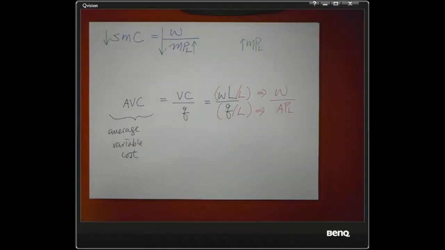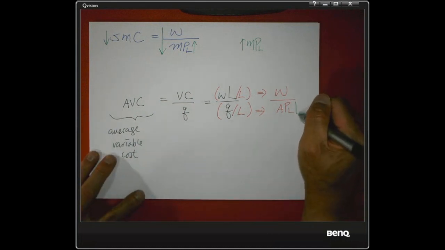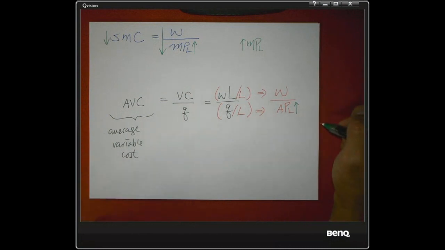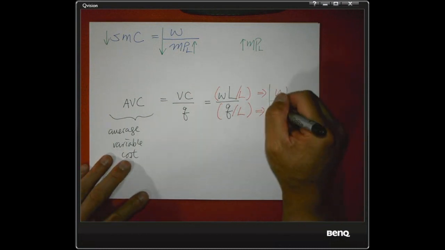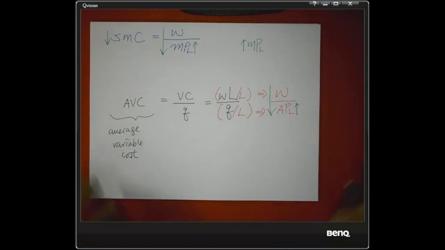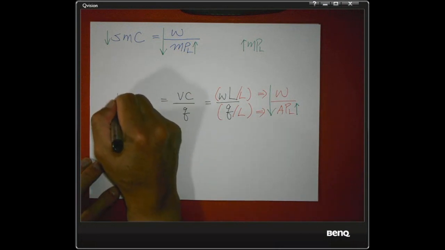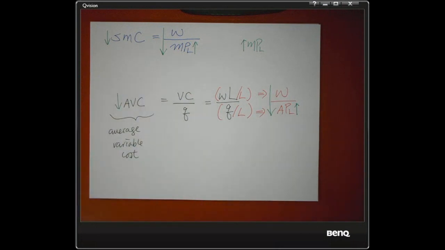In other words, now we are connecting the average product of labor to the average variable cost. And when the average product of labor increases, the entire ratio will drop. That means the average variable cost will fall.